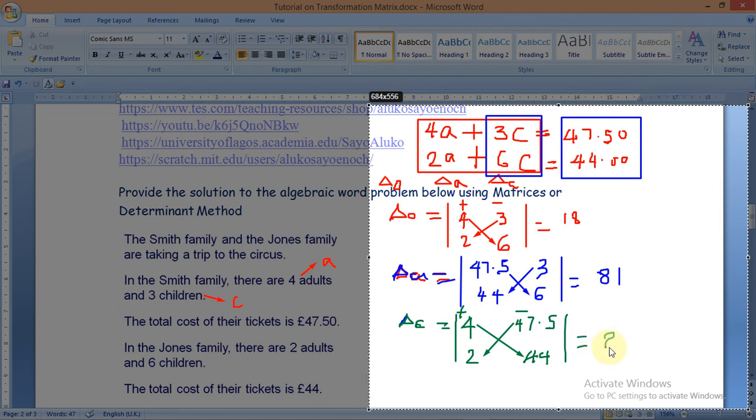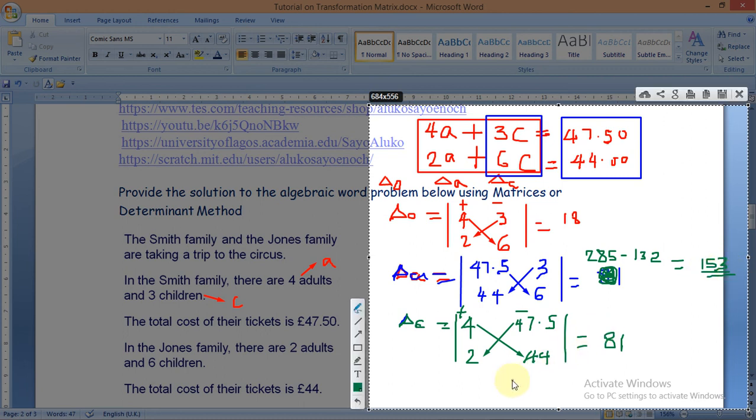I need to be careful. 47.5 times 6 is 285. So this is actually 285 minus 132, and so delta A is actually 153. I'm sorry about that. So this 153 here.